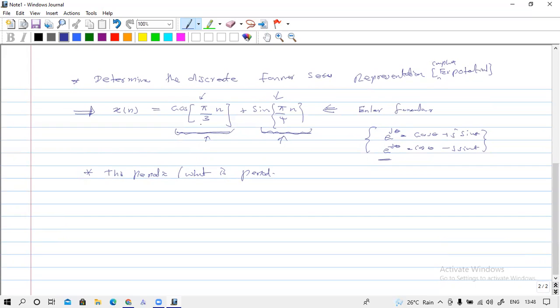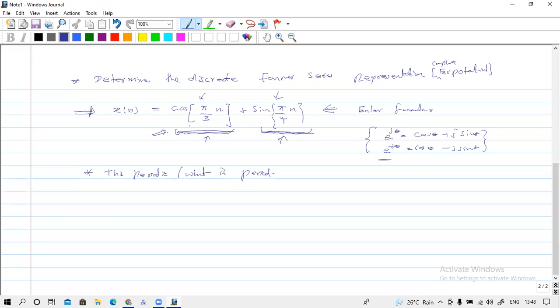So you can see that this is a cosine signal and this is a sine signal. Basically you know that every sine and cosine signal, any sinusoidal signal, is periodic. We have already learned that. So you can get that fact directly here.